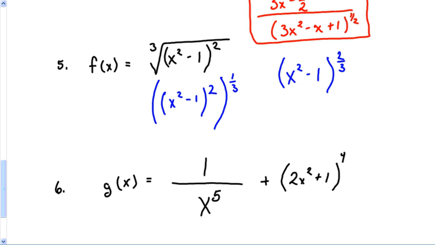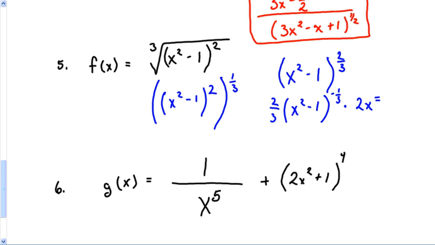And now all we got to do is, now we've got basic chain rule. Times by 2/3 times x squared minus 1. 2/3 minus 1 is negative 1/3. Times the derivative of the inside, which would be the derivative of x squared minus 1, is just 2x. So let's see, I run out of room on this, haven't I?